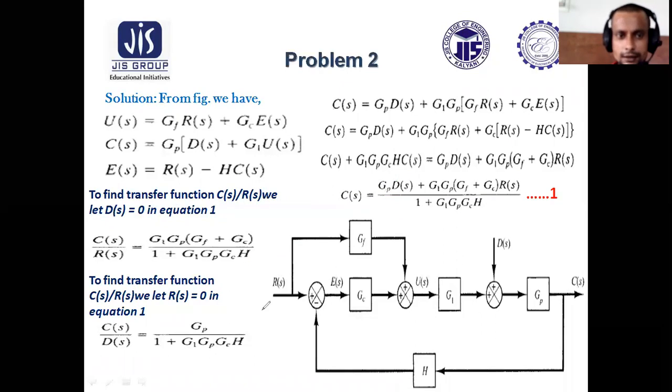Similarly, while finding CS by DS, we will let RS equals to 0. So if RS is 0, then this entire term becomes 0. So CS by DS equals to GP by 1 plus G1 GP GCH. So that is how we can find overall transfer function for multi-input system by considering one source at a time, and for that time the other source will be considered as 0.